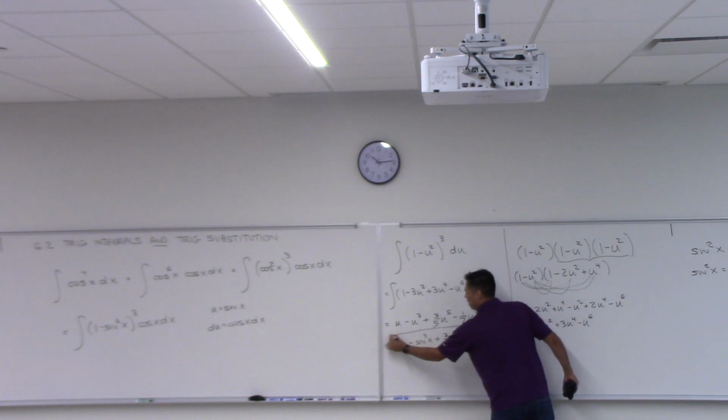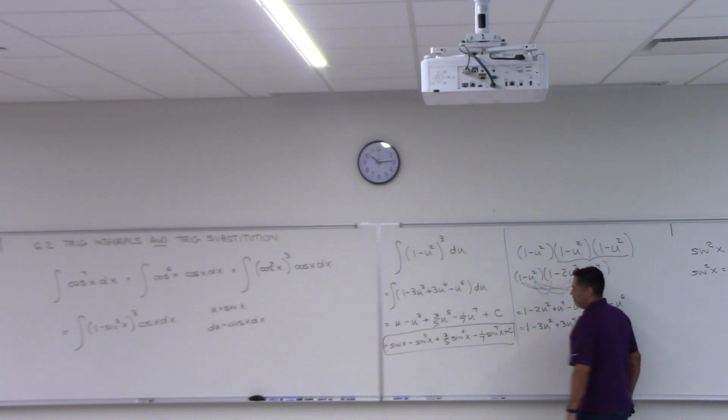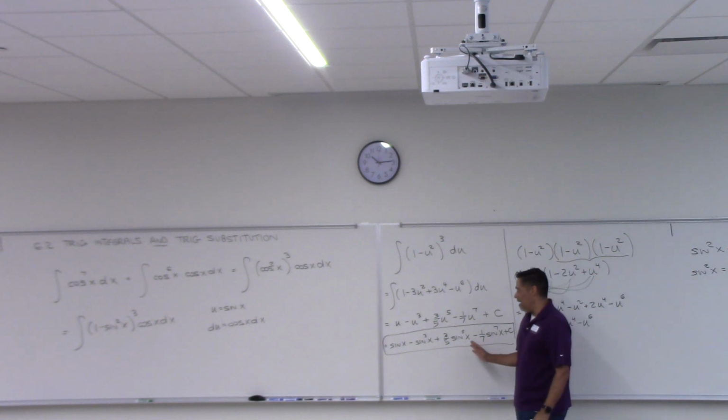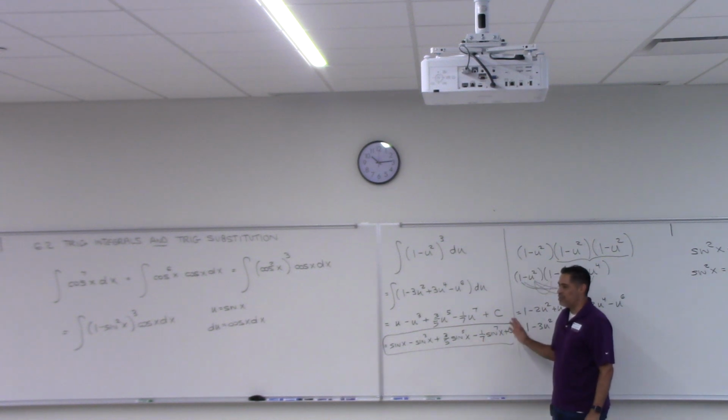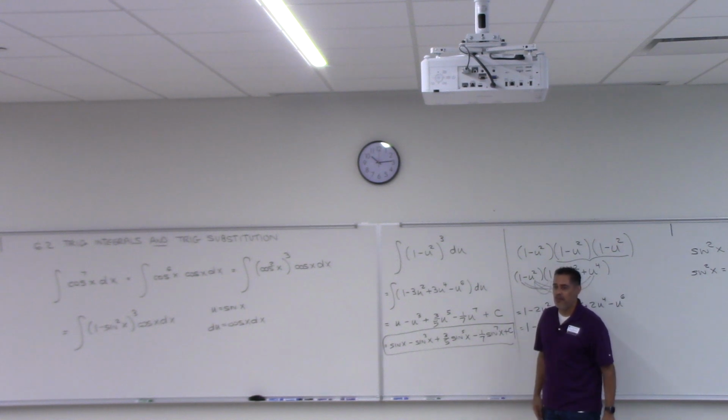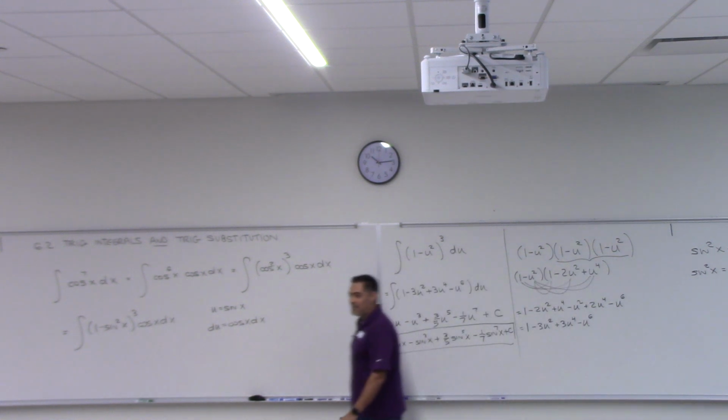Do we want to check it? No, I don't feel like checking that. If you take the derivative of this, right, you should get what? Cosine to the 7th, right? Imagine how much stuff cancels out, right, for that to happen. Pardon?